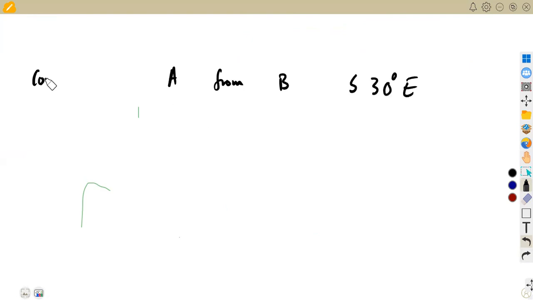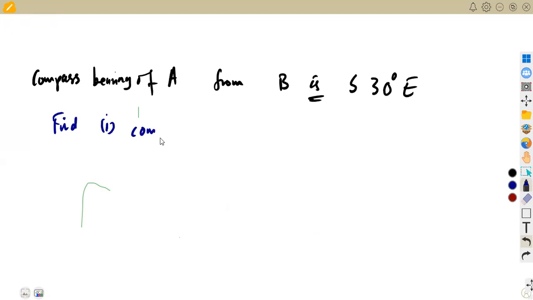That is the compass bearing of what? The compass bearing of A from B is. Then from this bearing that we are given, we are asked to calculate the first one. They will need maybe the compass bearing.